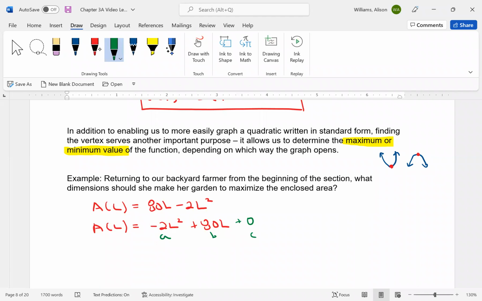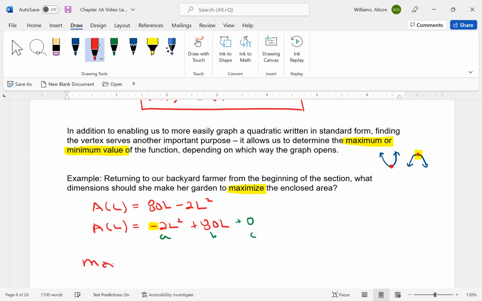So this is a quadratic and it's a downward facing quadratic because of the negative in the front, which means it's going to have a maximum point. And since they're asking me to find the dimensions that's going to maximize the garden, what they're asking me to find is the vertex.